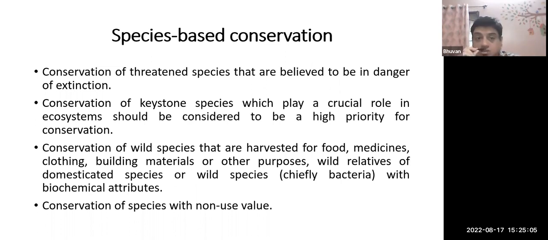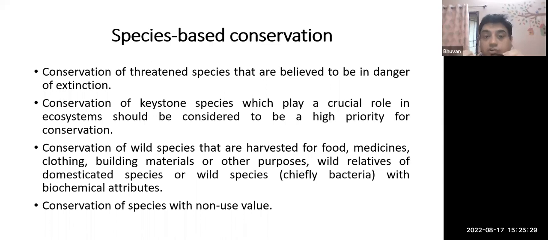Either we can select some of the threatened species which are linked with the agro ecosystem, and then we can chalk out some plan for conservation of these species. Then we have the keystone species. Keystone species play a major role in carrying out various ecosystem processes. If the keystone species are removed, the entire ecosystem can collapse.